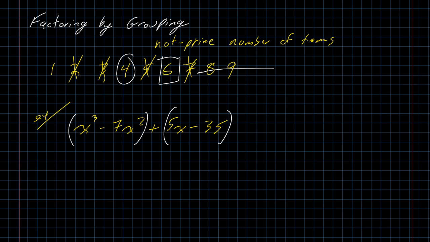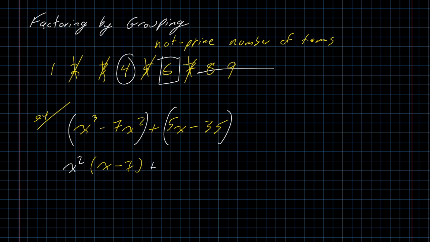Now I'm going to focus on just that group. In x cubed minus 7x squared, I can factor out a greatest common factor, in this case x squared, and when I do, it leaves behind x minus 7.